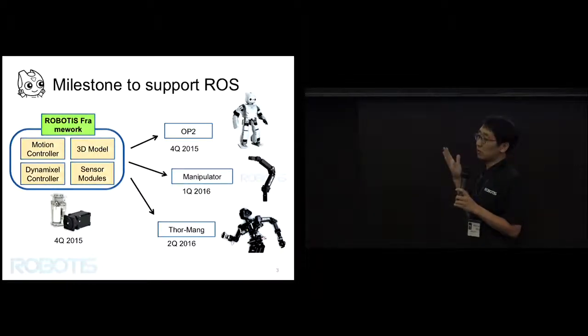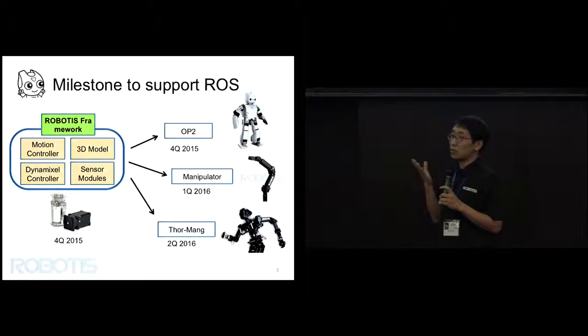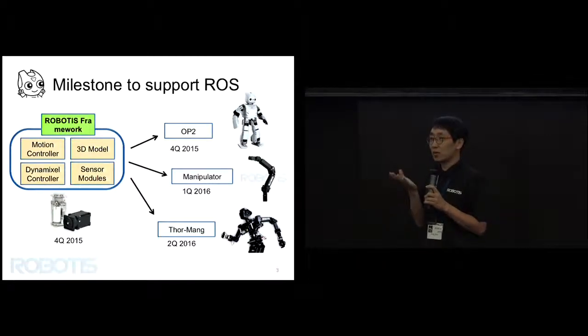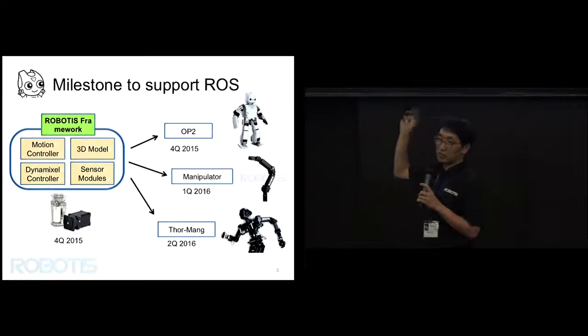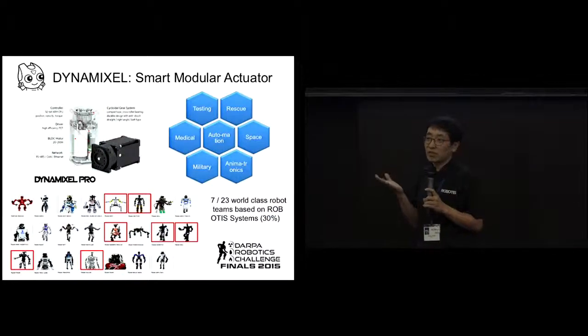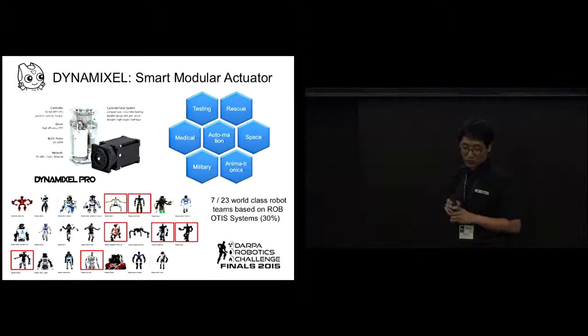Most people know Atlas is one of the good humanoids, but the previous slide shows that they actually use Dynamixel for 17 out of 23.